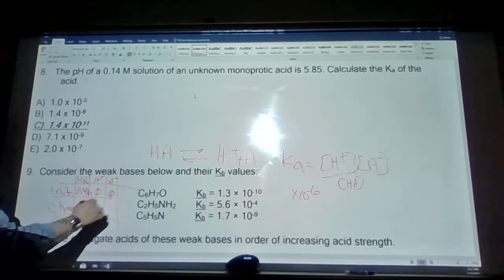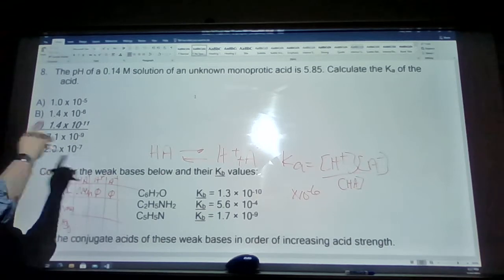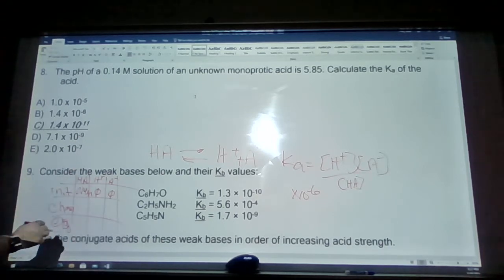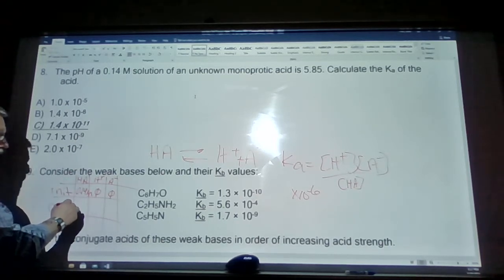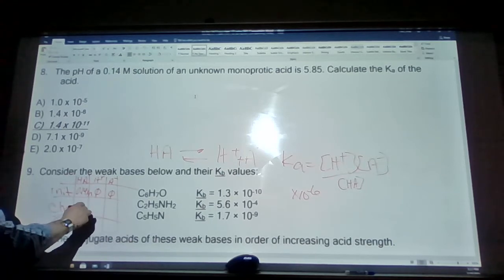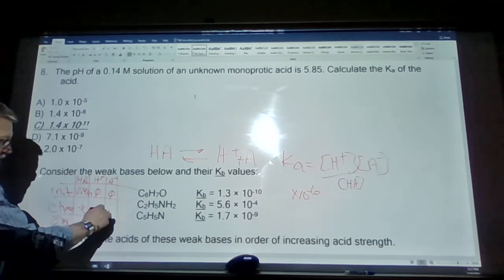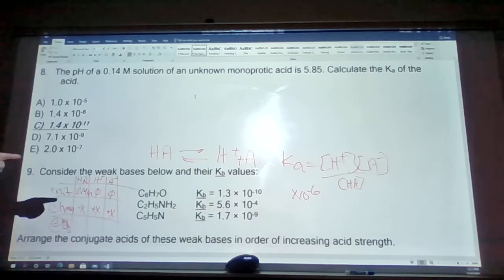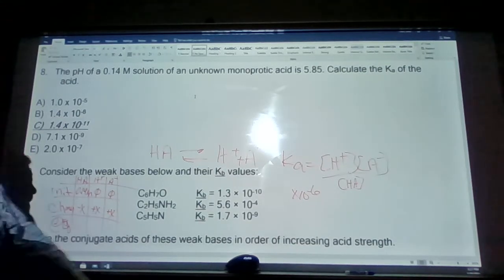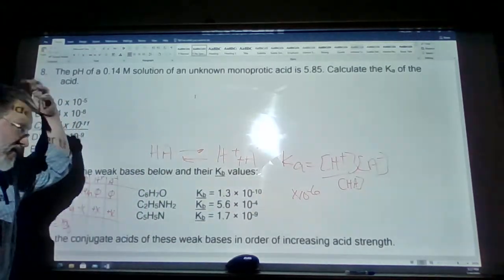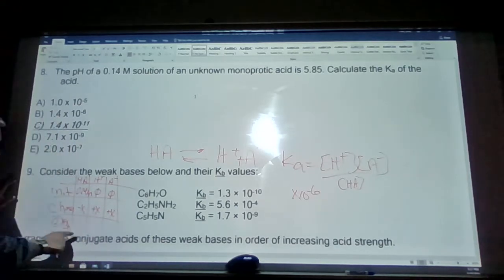Initially 0, 0. Change: HA ionizes, so it is minus X. This is plus X. This is plus X. We've calculated what X is. It's the hydrogen ion concentration, some value times 10 to the minus 6. So we know the value of X.